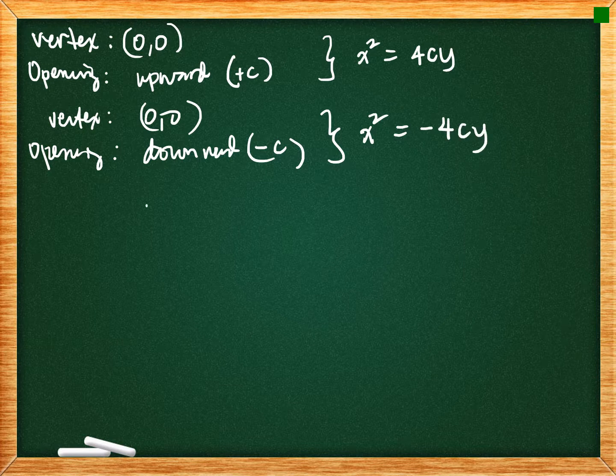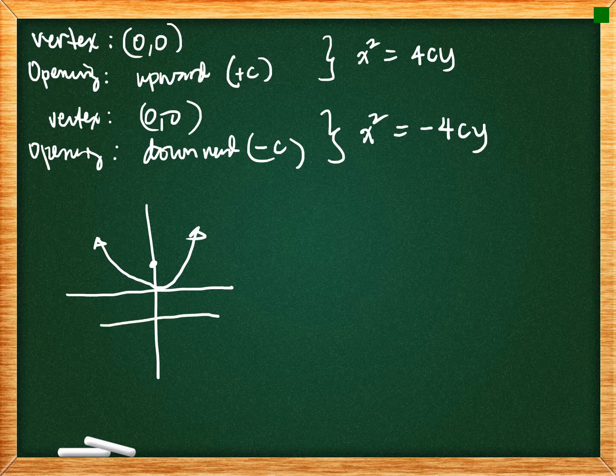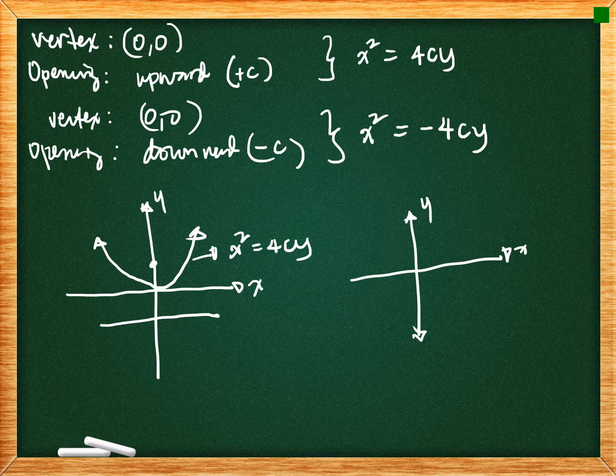So for instance, if the graph opens that way, okay, this is your focus and this is your directrix, automatically your equation is x squared equal to 4cy. But if the graph opens downward, all right, our directrix now will be on top.